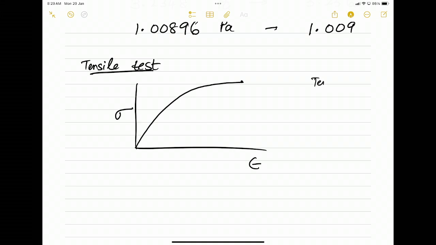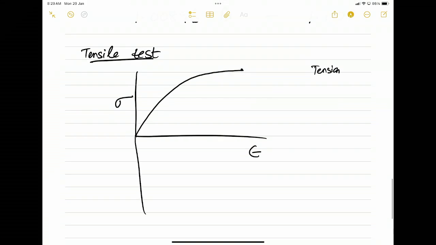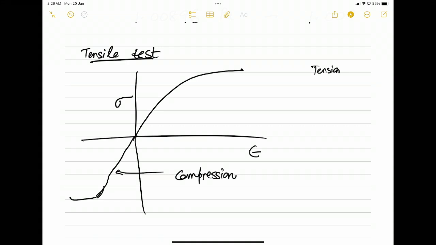So if the material is in compression, these are typical sigma versus epsilon curves.